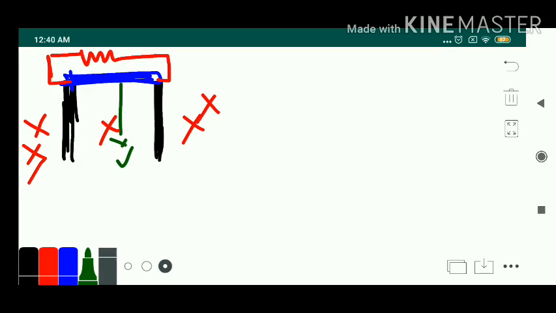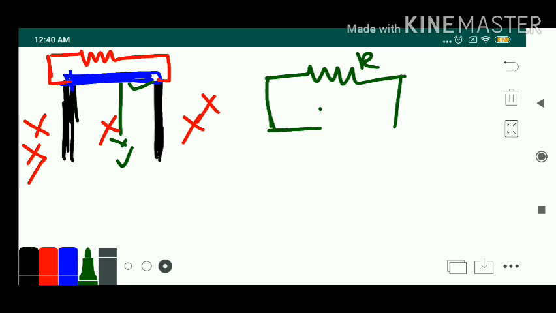First of all, we replace this rod with the cell. So again resistance R, and this becomes a cell. Which should be the higher potential, lower potential? Take your fingers in the direction of v, turn your fingers downwards. The thumb will give you the direction of v cross B, and you will find this point is higher potential, and this point is lower potential.